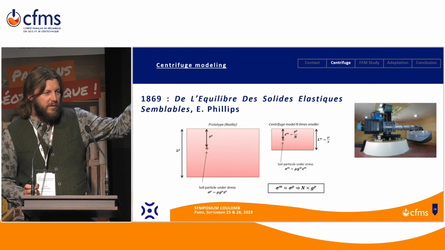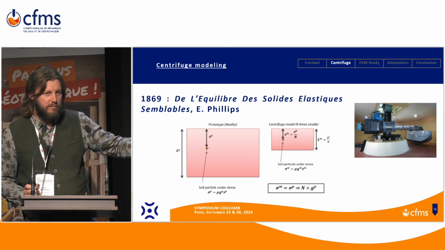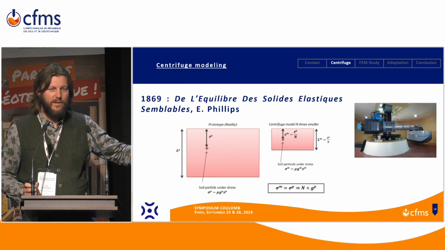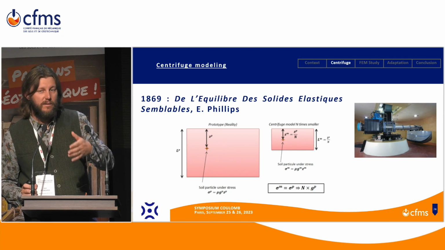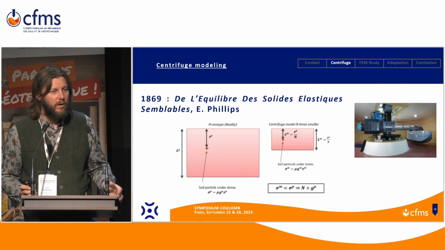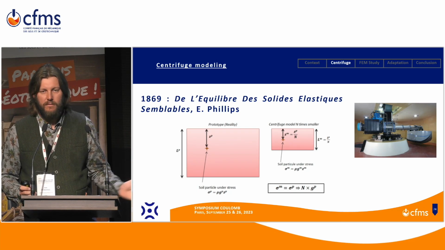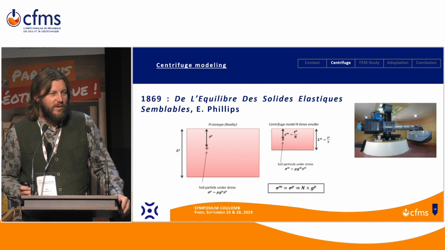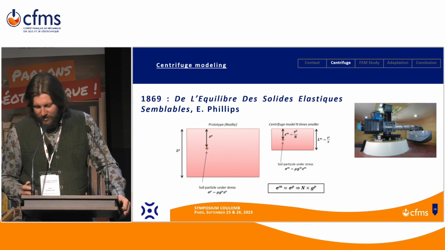So the weight of 10 meters of sand in the prototype has to be the same as the weight of 10 centimeters in your reduced scale model. So the idea is simple. You increase the gravity by 100. So that was said in 1869.